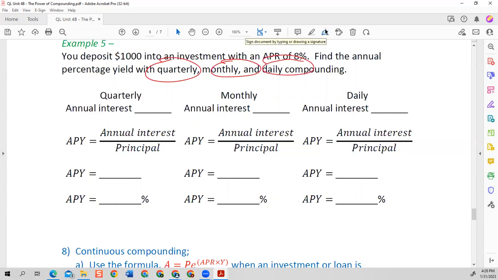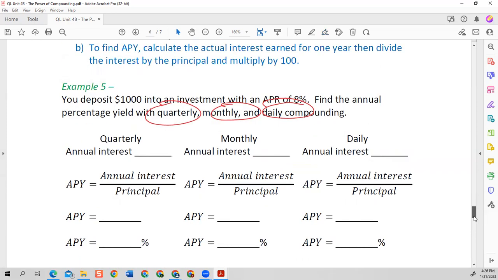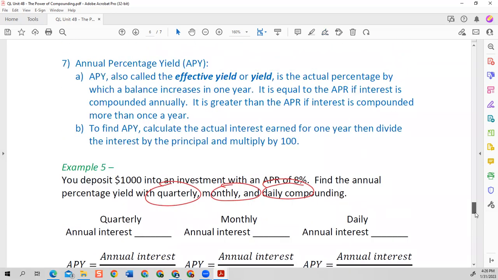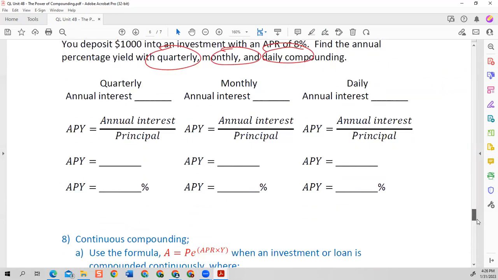All right, and you were given formulas right up here. It says effective yield, okay. So I have 1,000 times that 0.08.